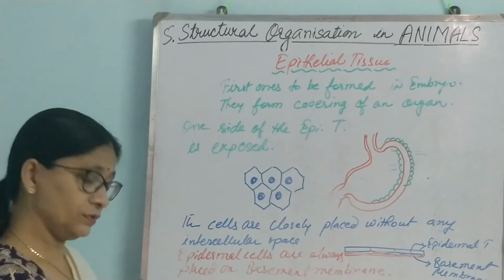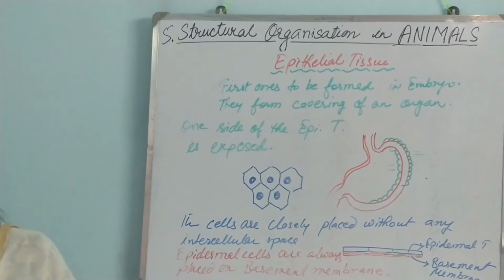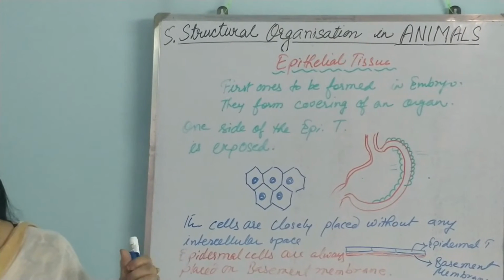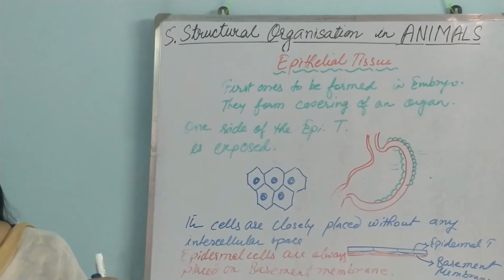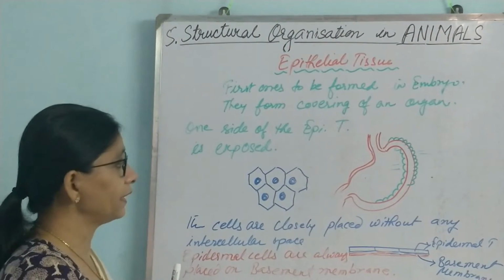So these are some of the important points of epithelial tissue. They are compactly placed without any extracellular space or fluid. They have a basement membrane under them, and the free surface is exposed. So these are the important characteristics.